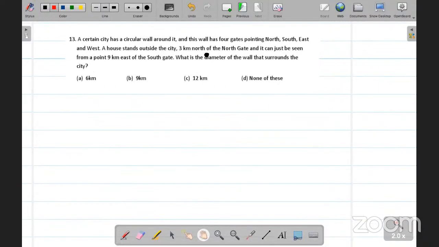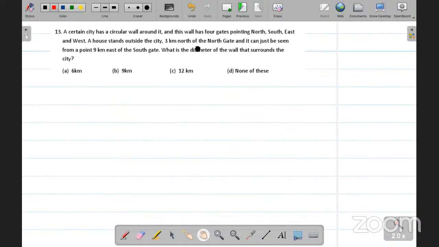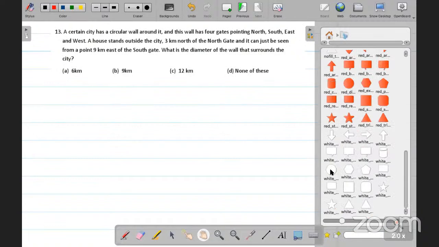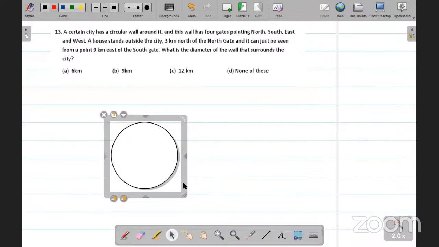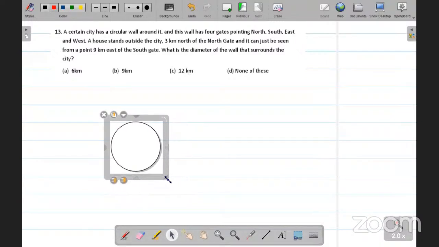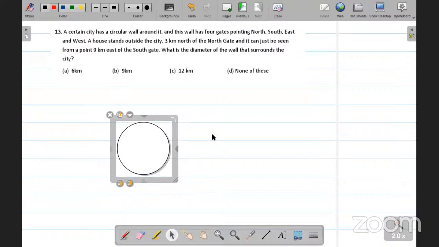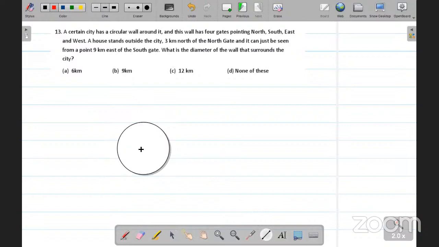I hope you can read the question. A city has a circular wall built around it. So let us have a circular wall first. What else is given to you? Say this is the center of the circle.